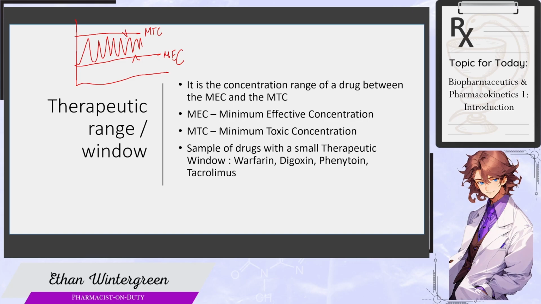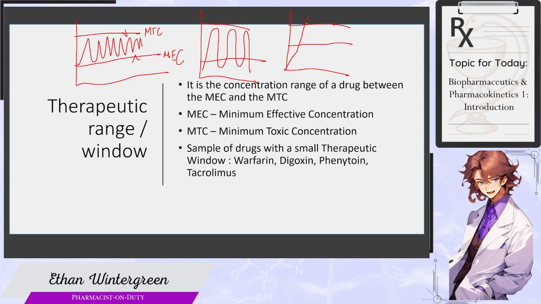Now, the wider the difference between your MEC and the MTC is, the safer it is, because you have a wide range of concentrations that are safe and effective. When we say narrow therapeutic range, it means that there is a large tendency for a drug to become toxic.